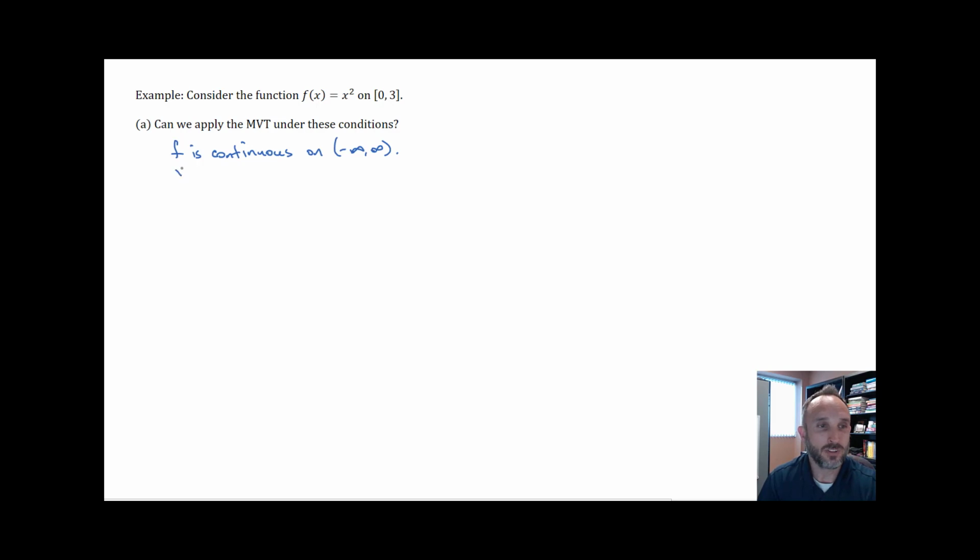So yes, we can apply the mean value theorem on the interval from 0 to 3 because this is a smaller set than negative infinity to infinity, okay? So that's the first thing.